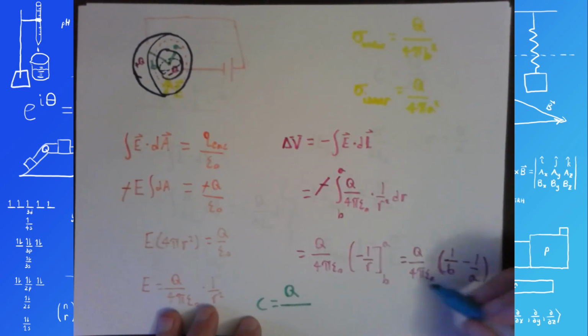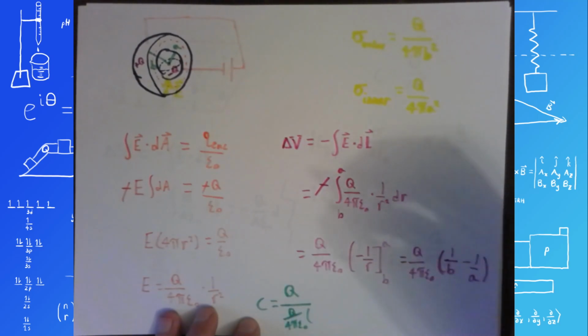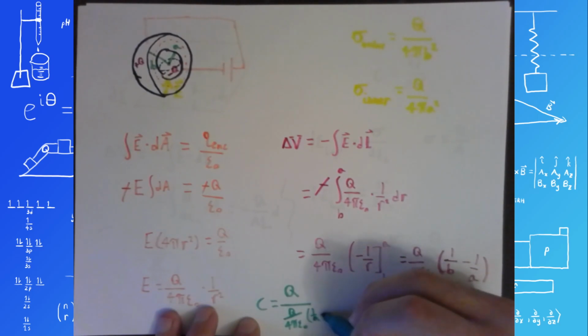Let's see, if I wanted just the absolute value of this voltage, then I would change this to 1 over A minus 1 over B so that it would come out positive. Anyway, that's Q over 4 pi epsilon naught times 1 over A minus 1 over B.